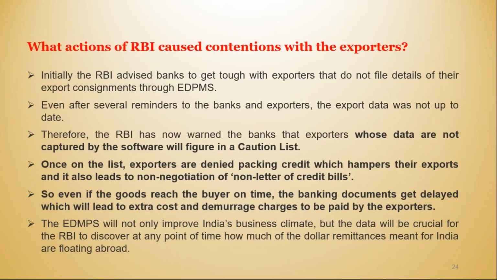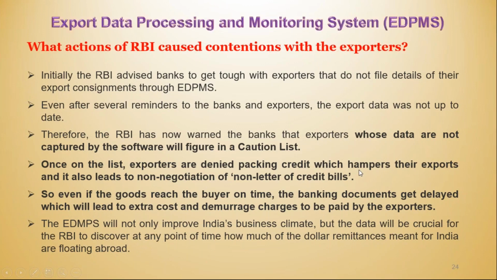This is what the RBI caution list is. If you are put on the caution list, the exporters are denied packing credits, and bankers will not give you any credits, and other transactions they may also stop, which hampers exports.